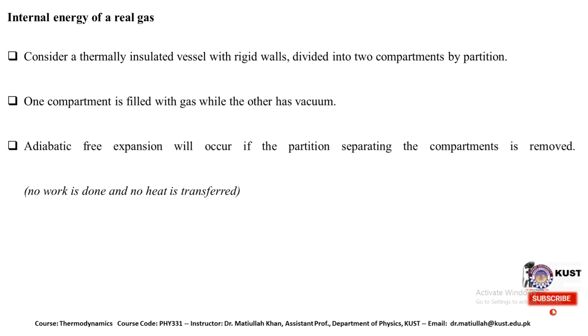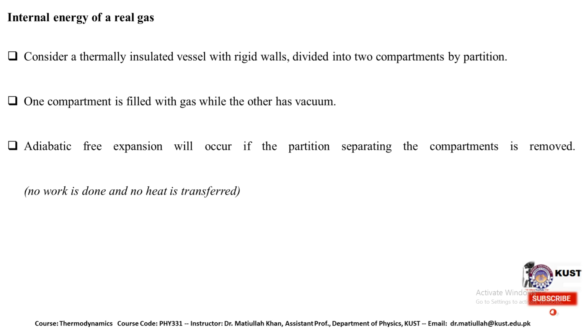So what we do, we perform adiabatic free expansion as a result of removing the partition in between the two compartments. It is like a free expansion process, but keep in mind as the outside walls of the whole combined two compartments are adiabatic, so no heat will go out of the system or enter the system, but only there will be free expansion within this particular system.